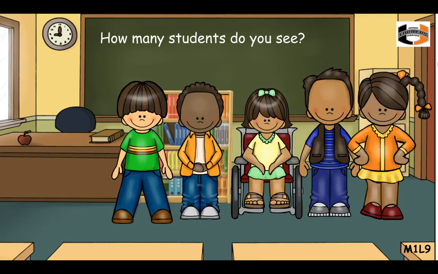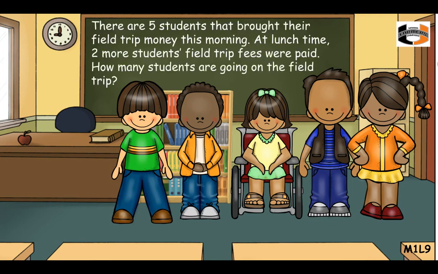Here's our next story. How many students do you see? That's right, there are 5 students that brought their field trip money this morning. At lunchtime, 2 more students' field trip fees were paid. How many students are going on the field trip?